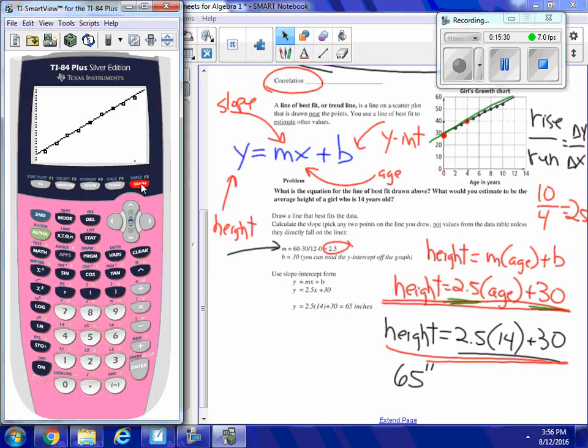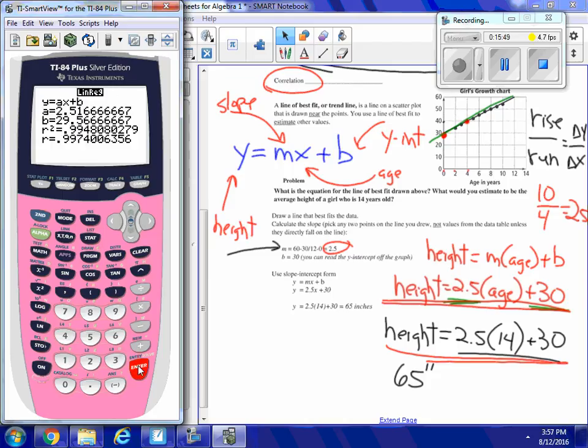But the last thing I want to point out is when I did that linear regression, I went stat, calc, 4, and I did L1, L2. So second 1, comma, second 2, enter, and I got those numbers.